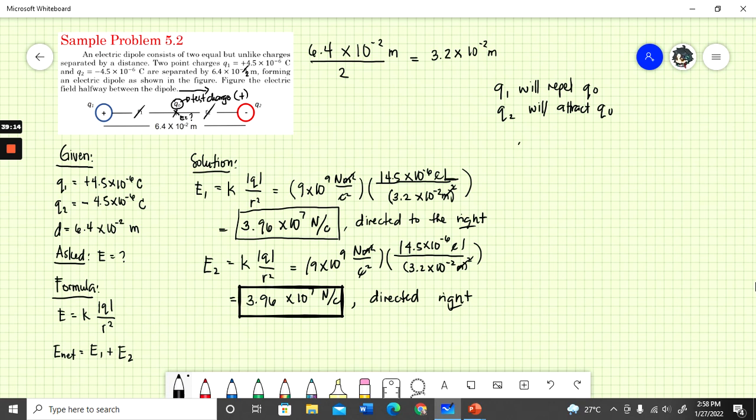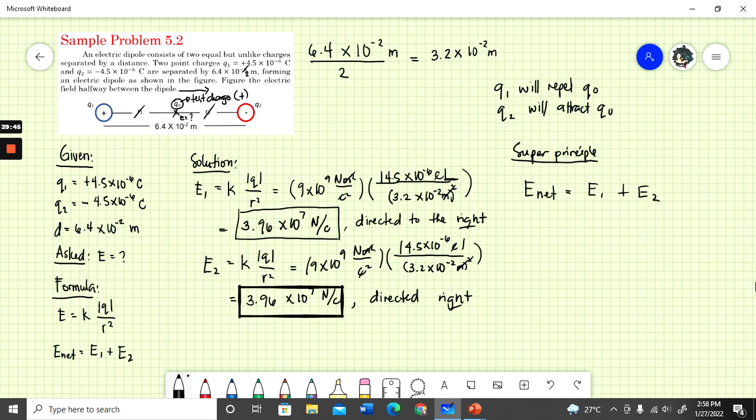According to the superposition principle, in order for us to find the magnitude of the electric field at this point, all we have to do is add all the individual electric fields. So the total net field is equal to E1 plus E2.